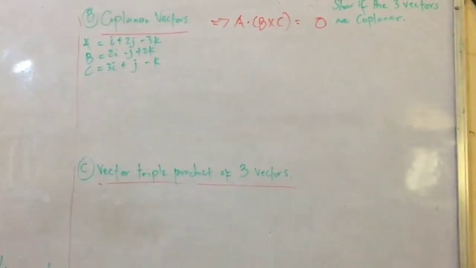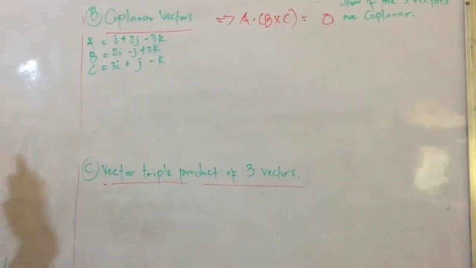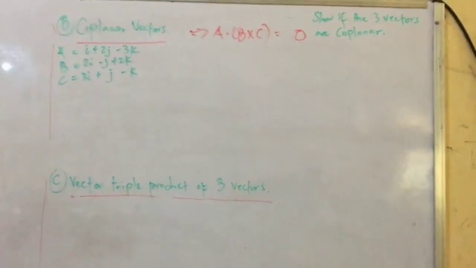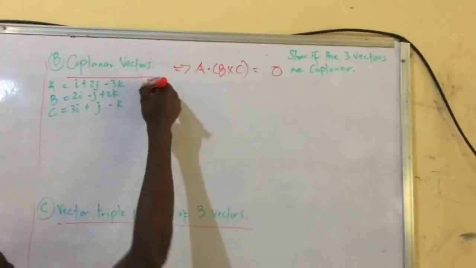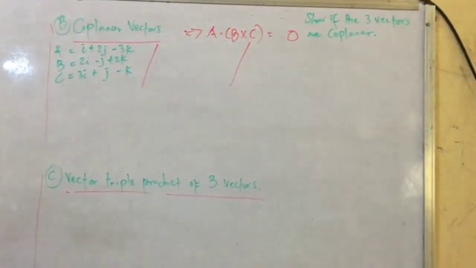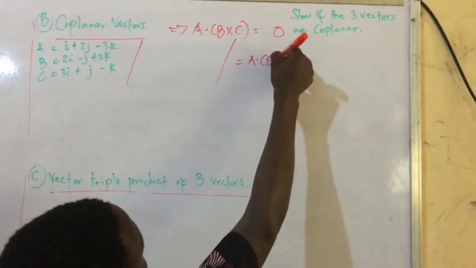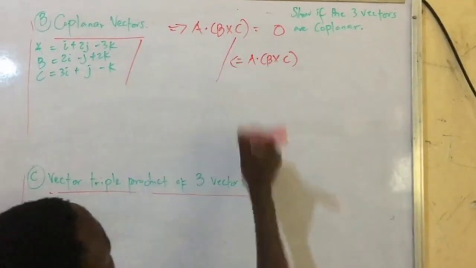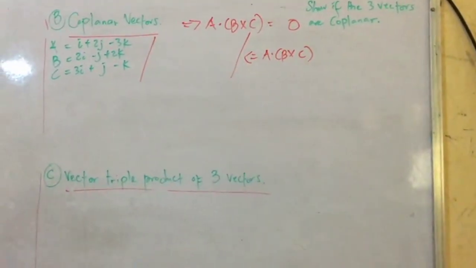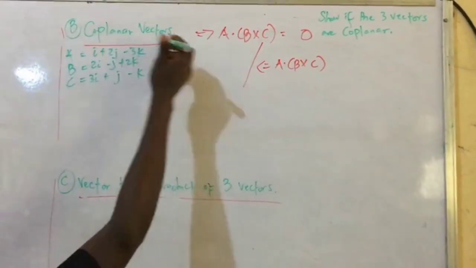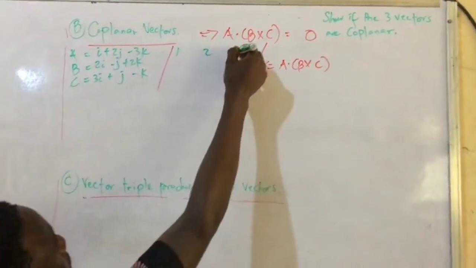Now we can use that second method that I spoke about. Let's combine all the vectors in a single determinant so that we still get the same answer. Remember, this is A dot B cross C. So now let's pick them out. Here we have 1, 2, and J as minus 3.